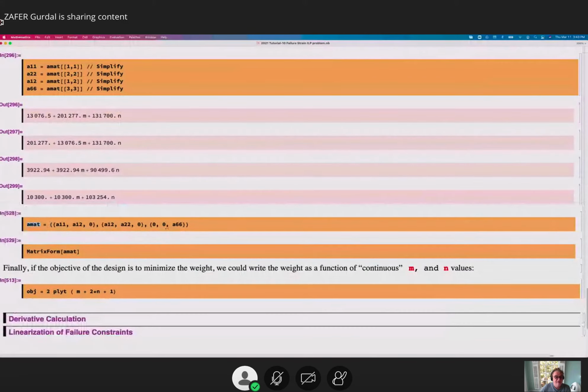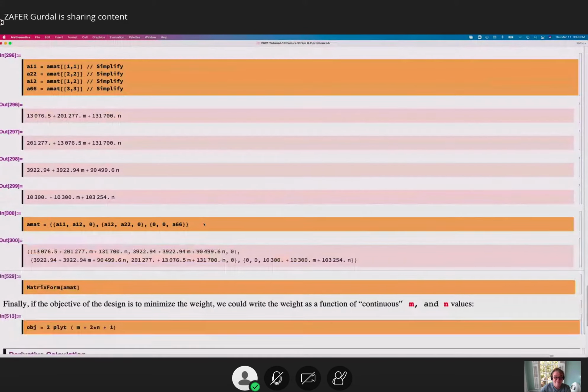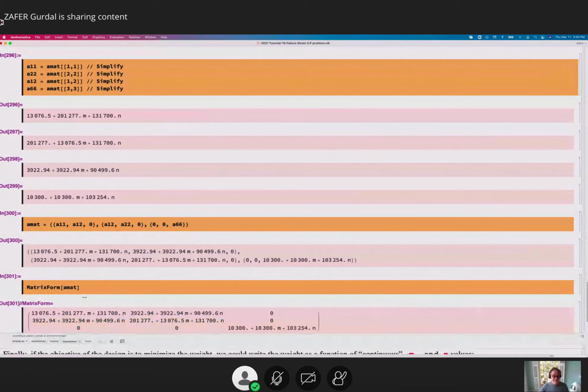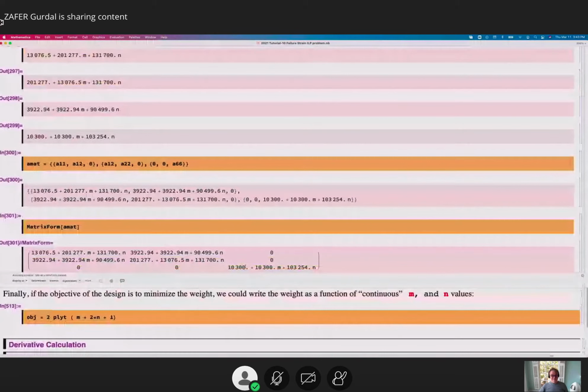And if I redefine my A matrix in terms of m's and n's, just for this particular problem, my A matrix is just this. Very nice function of m and n that are actually continuous values. Okay? So I can analytically take the derivative of the A matrix. But that's besides the story.